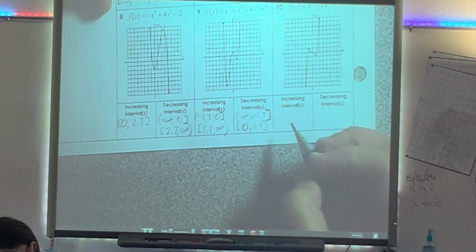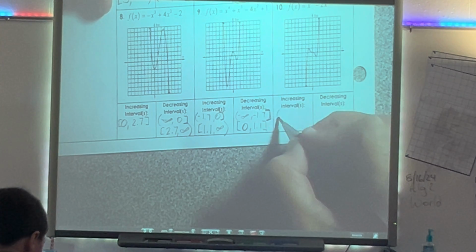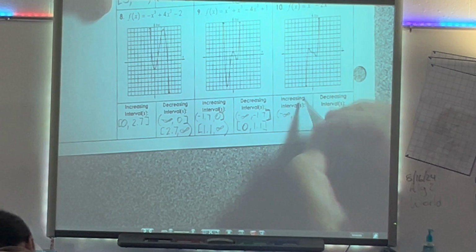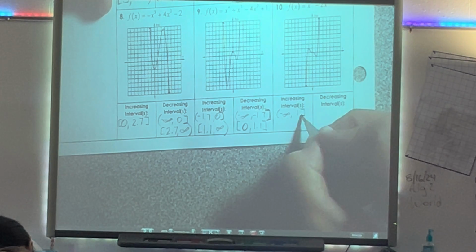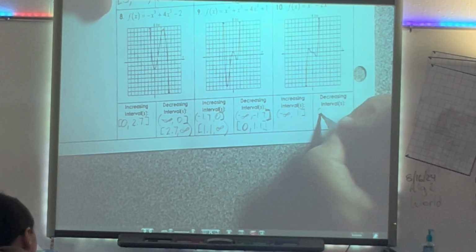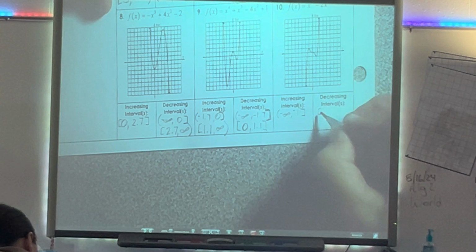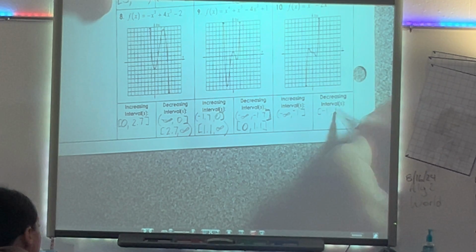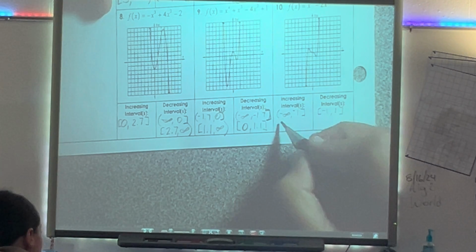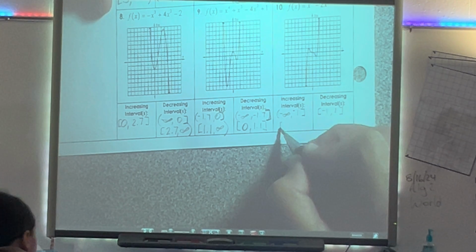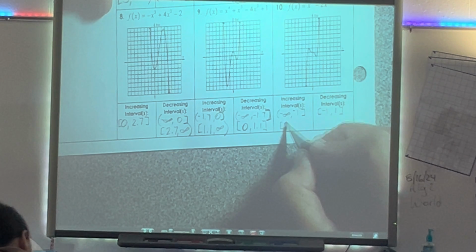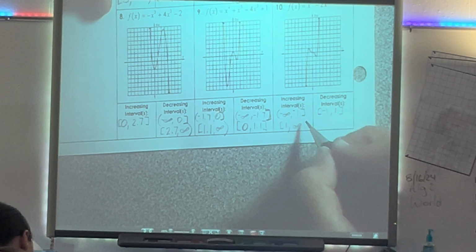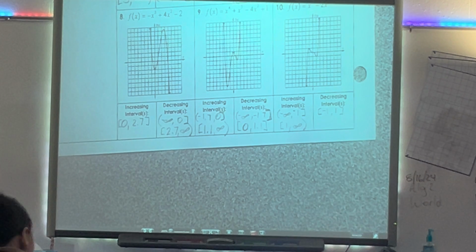So we're increasing from negative infinity to -1, then it decreases from -1 until it gets to this point right here, which looks like it's at positive 1. And then it increases again from positive 1 to infinity. Those numbers may be slightly off, but that's close enough. Y'all okay on those?